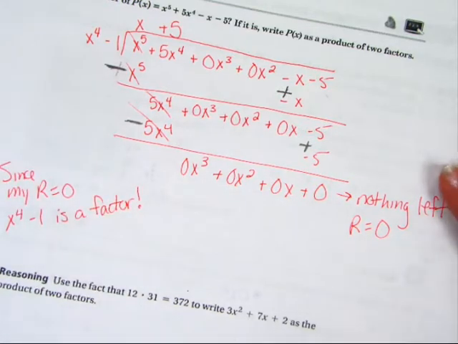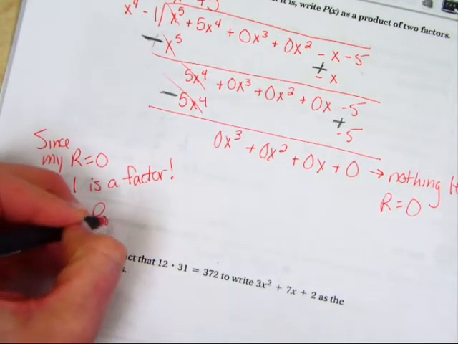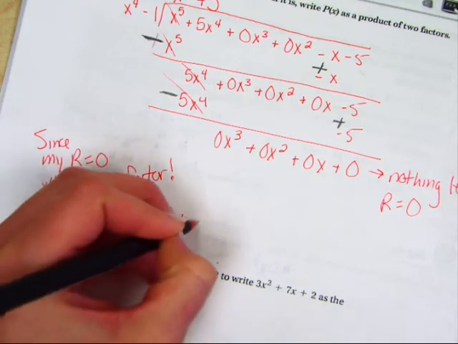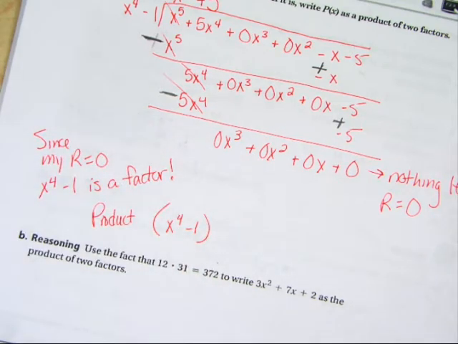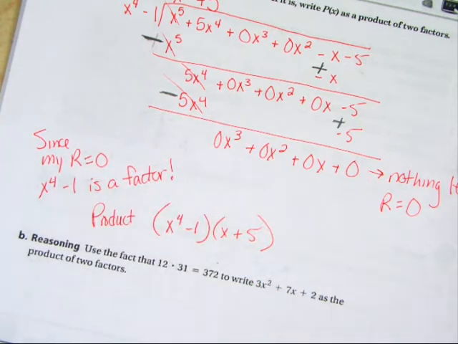And that is again because my remainder is 0. So they said if it is, write it as the product of two factors. So the product would be x to the 4th minus 1, which was what they asked about, times what I got as my answer, x plus 5. And that's it.